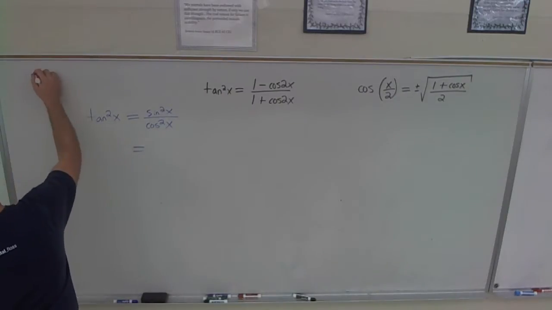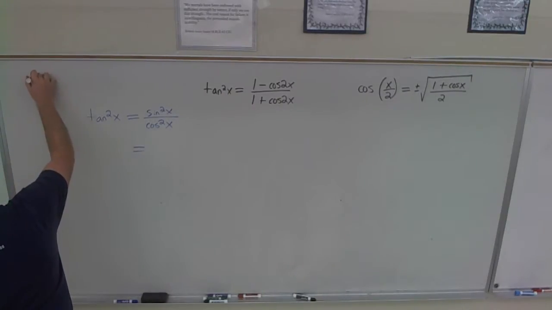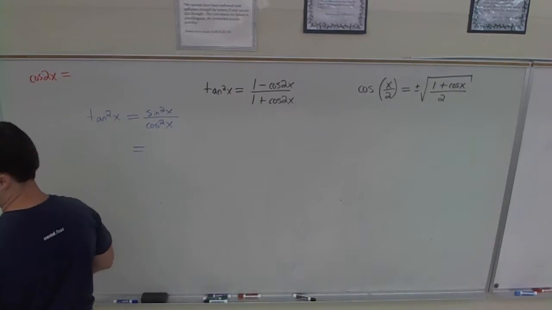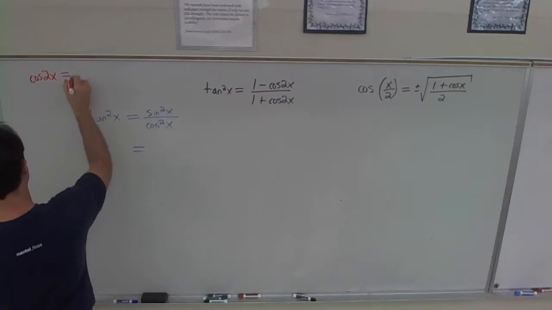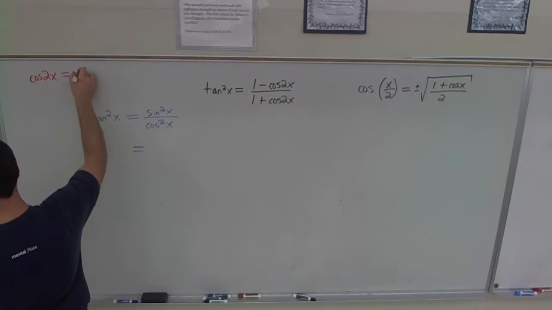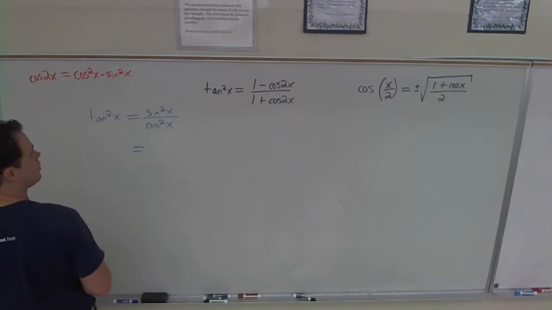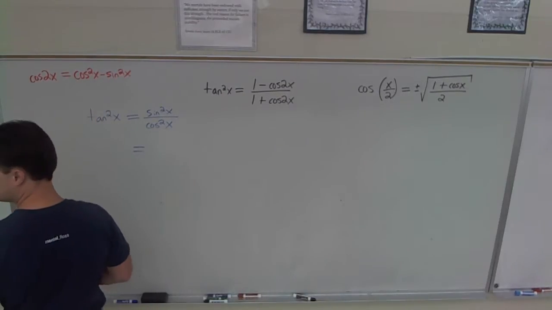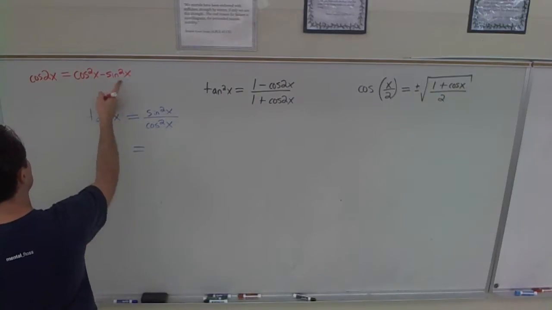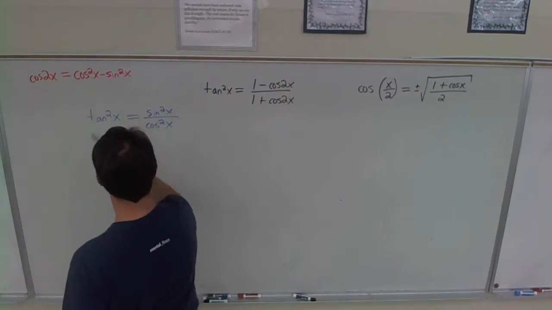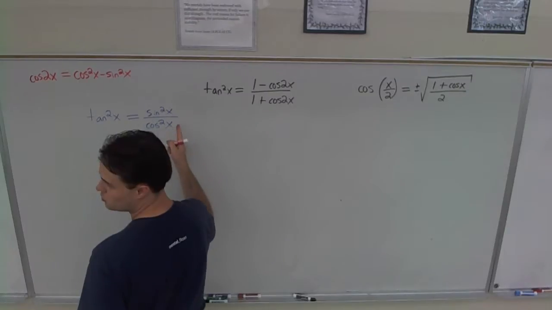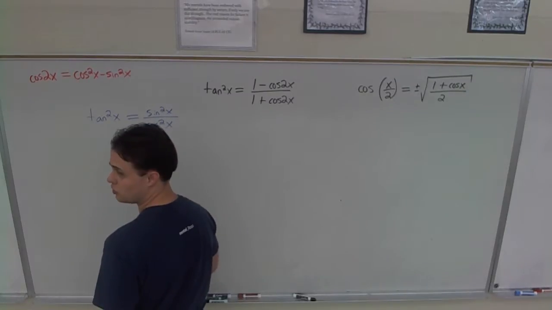So going back to yesterday, remember we learned that cosine of 2x, or double x, was what? We just wrote it down again a second ago. Cosine squared x minus sine squared x. Okay. So we know that. It's just plus. So that has a cosine squared and a sine squared in it. That's a way to convert sine squared and cosine squared, which is really useful later.